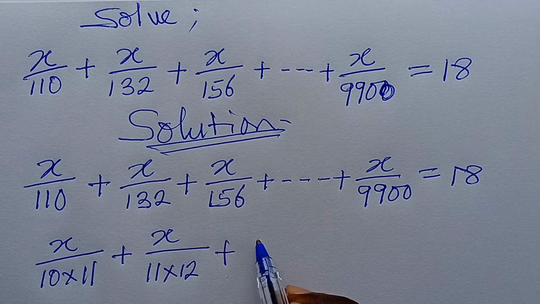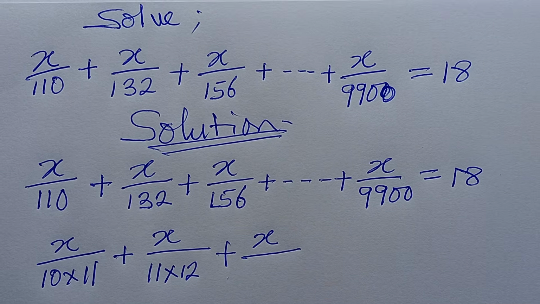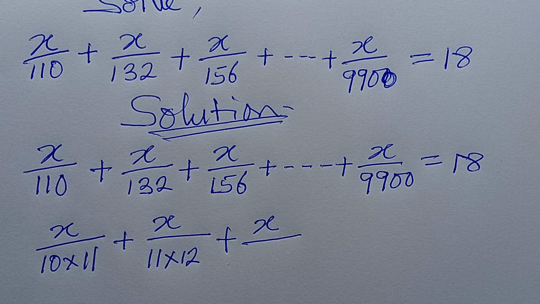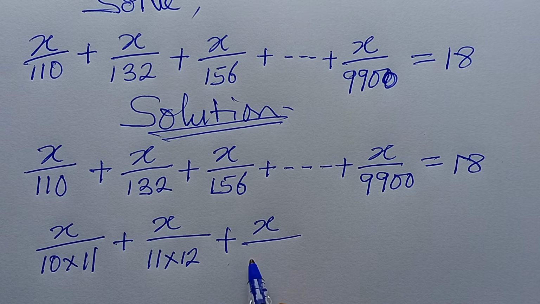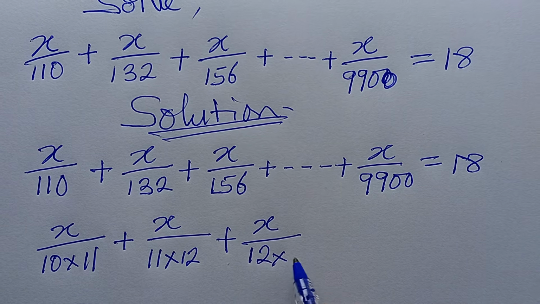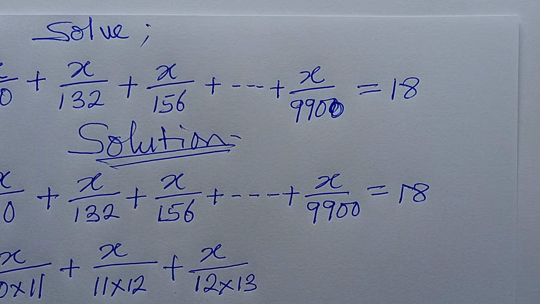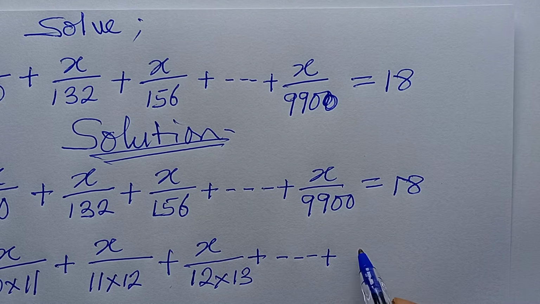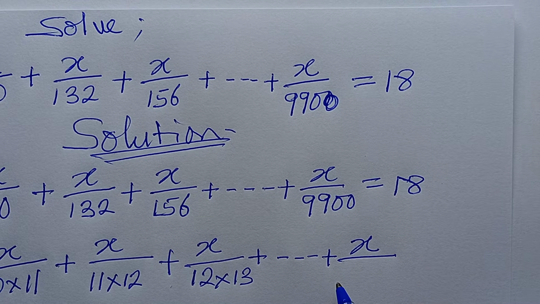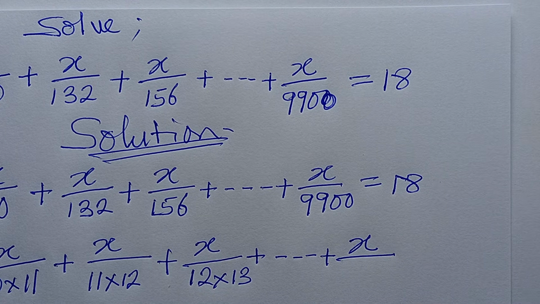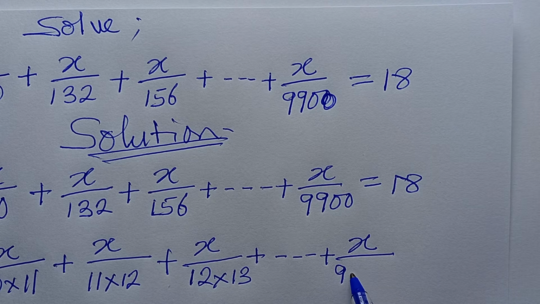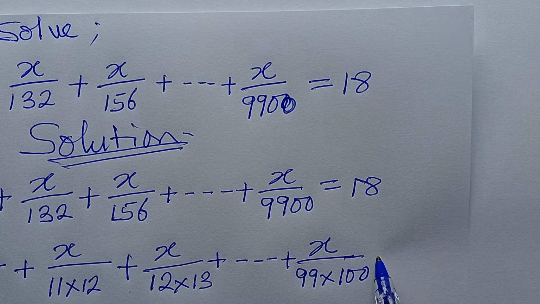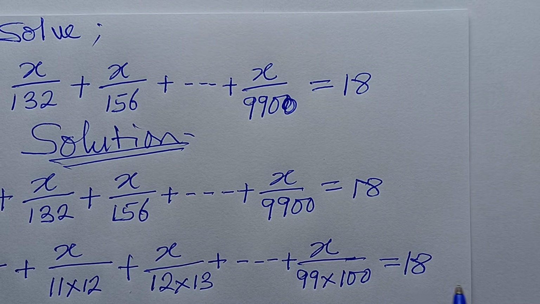There plus x over, then 156 can be expressed as 12 times 13. So you're going to have 12 times 13. There plus dash dash dash, there plus, on this other side, 9900 is going to be 99 times 100, right? Everything equal to 18.